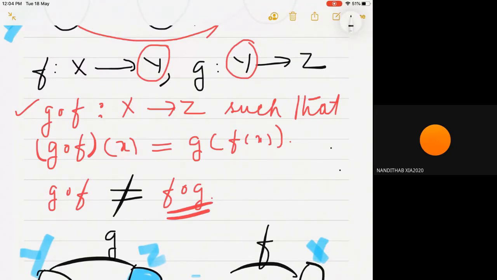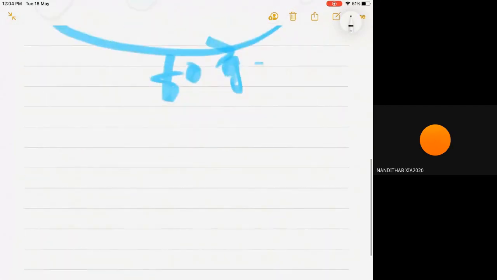Now, the next part is problem solving. How to find F dot G of some variable X. For example, yesterday we studied the functions f and g, where f and g were written in terms of set notations like roster form. Now the question is question number 4 of your exercise 1.3. You can write it now.